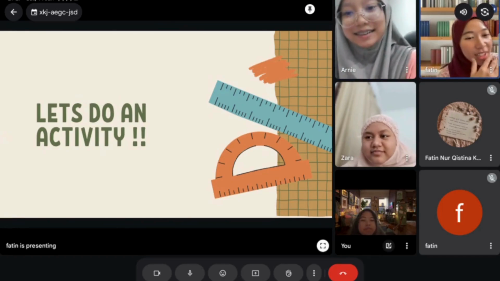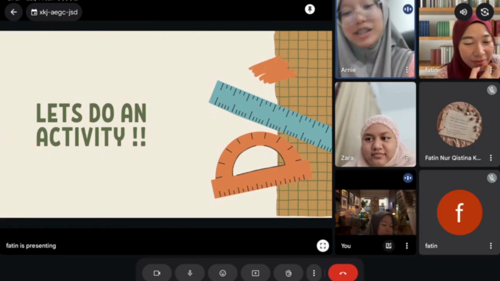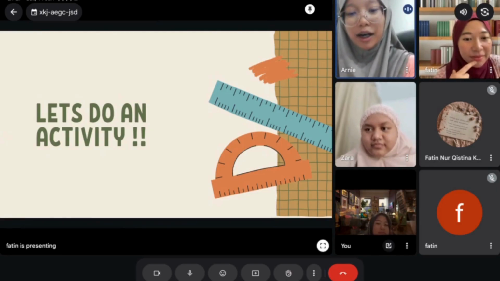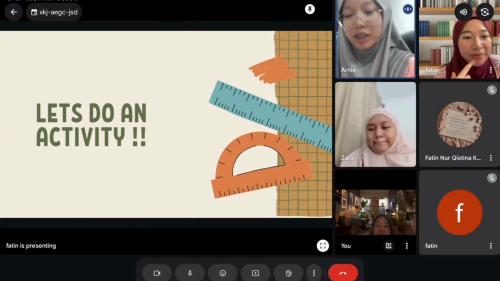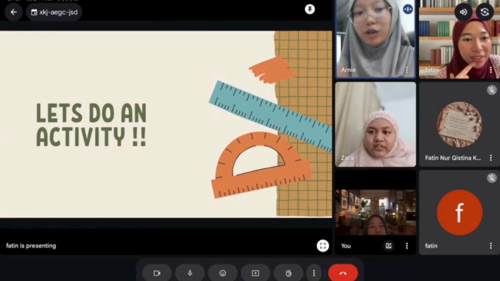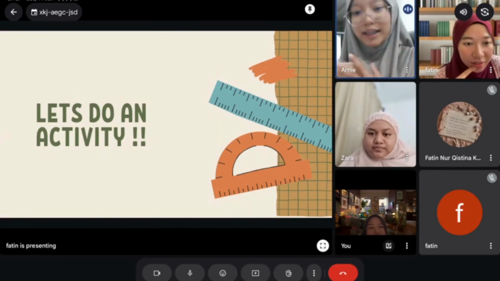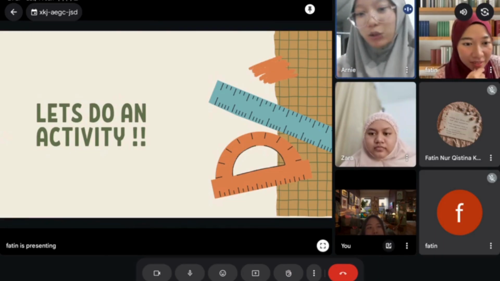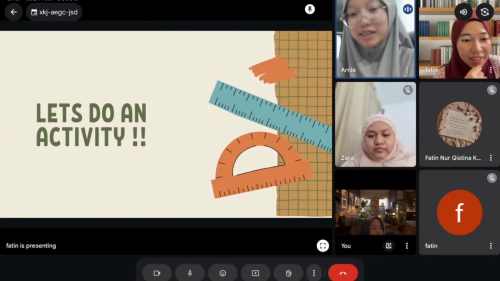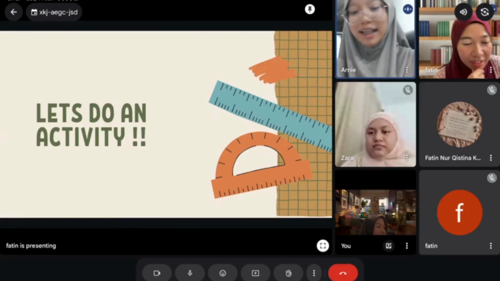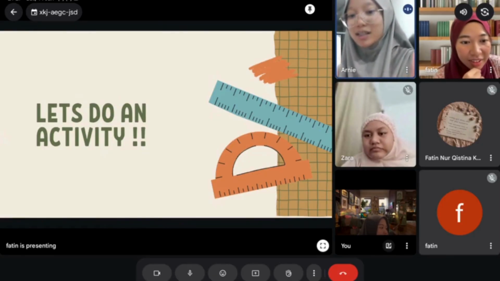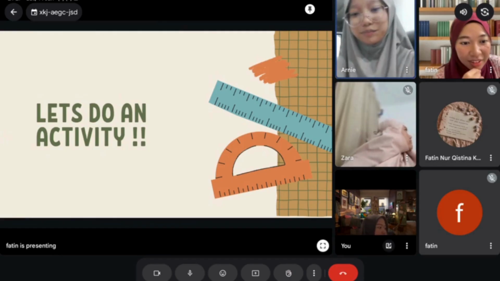Okay, Arnie, can you explain a little bit more? Race chart is where we compete with each other when we get a set of data. If the teacher asks for the minimum or maximum value, the one who types the fastest will win a point, and at the end of the activity, the person with the highest points will win.